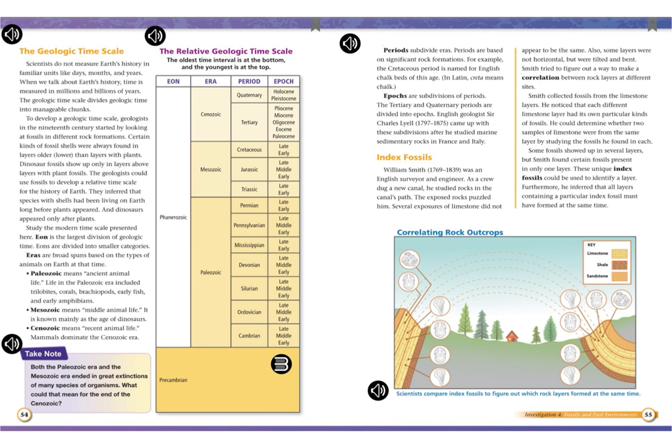To develop a geologic timescale, geologists in the 19th century started by looking at fossils in different rock formations. Certain kinds of fossil shells were always found in layers older, aka lower, than layers with plants. Dinosaur fossils show up only in layers above layers with plant fossils.